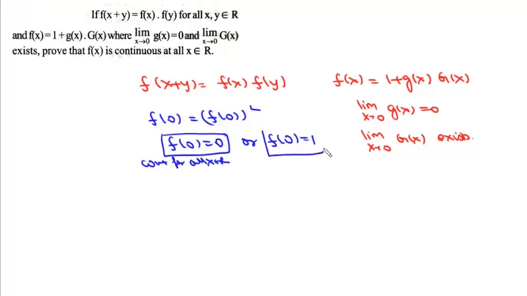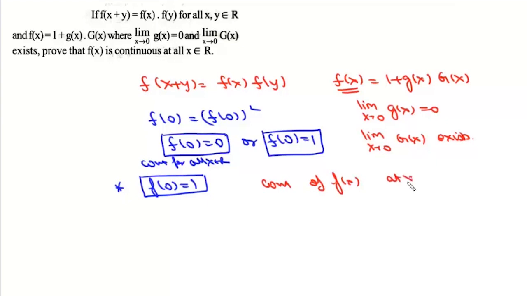Now what if f(0) is 1? So we'll take this case when the value of f(0) is 1. Now we'll check for continuity of f(x) at x equals 0. Now f(0 negative) will be 1 plus g(0 negative) into G(0 negative).